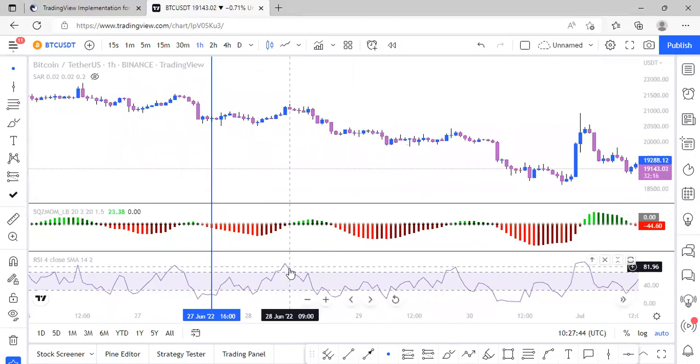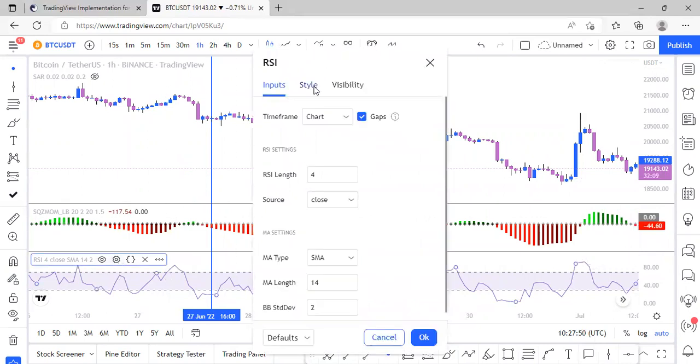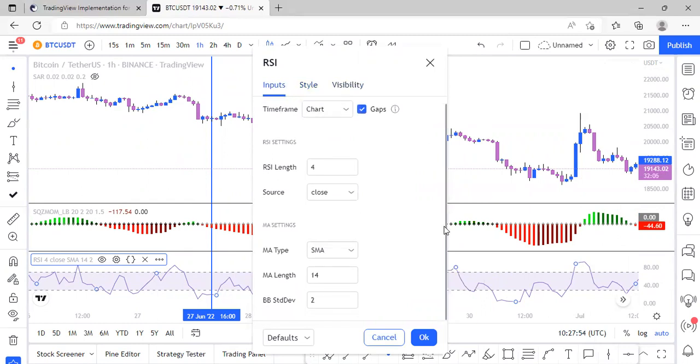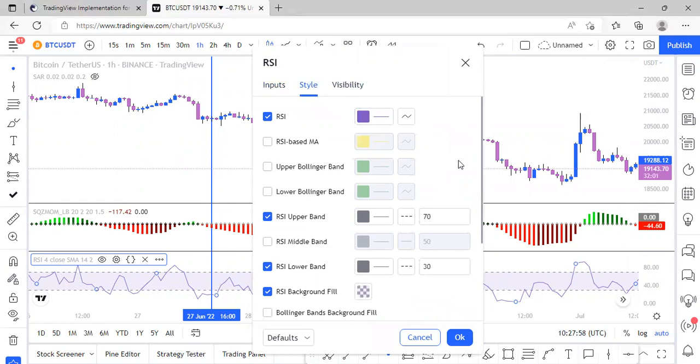Now, first things first, RSI is our point of interest. I prefer the 90 and 10 levels. Sorry, just a moment. Levels. I'm trying to use the 90 and then use the 10 or 20.